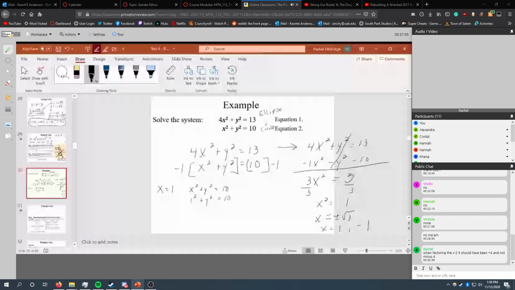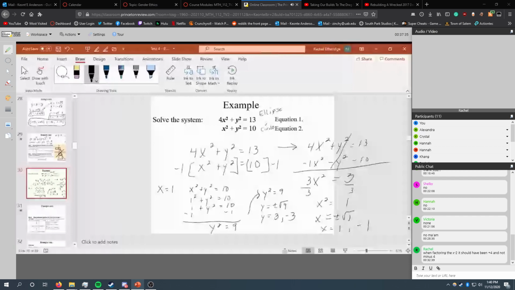So I'm going to subtract 1 from both sides and I get y squared equals 9. So if y squared equals 9, then y equals plus or minus the square root of 9. So y could be 3 or -3 when x is 1.